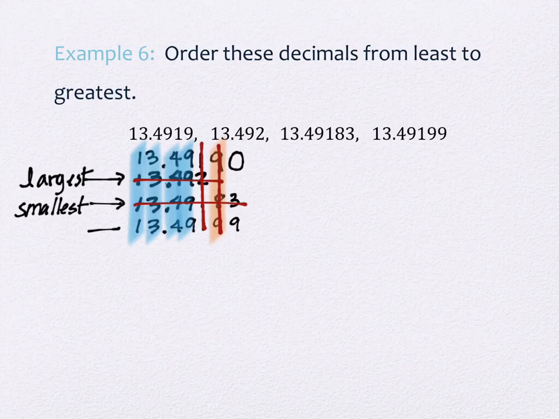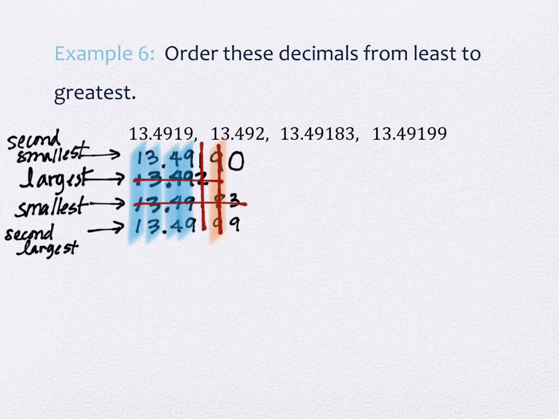The 9 is the what? Ariel? I'm trying to think if it's the next. Second largest. That's right, Danielle. This is the second largest, which makes the 0 the second smallest, if you want to think about it that way.